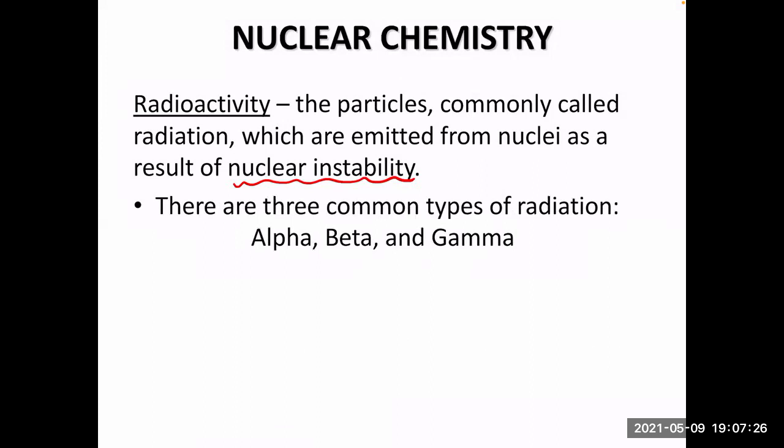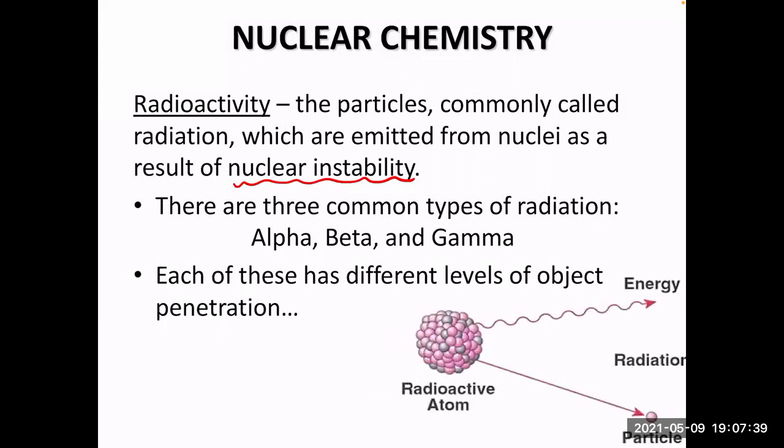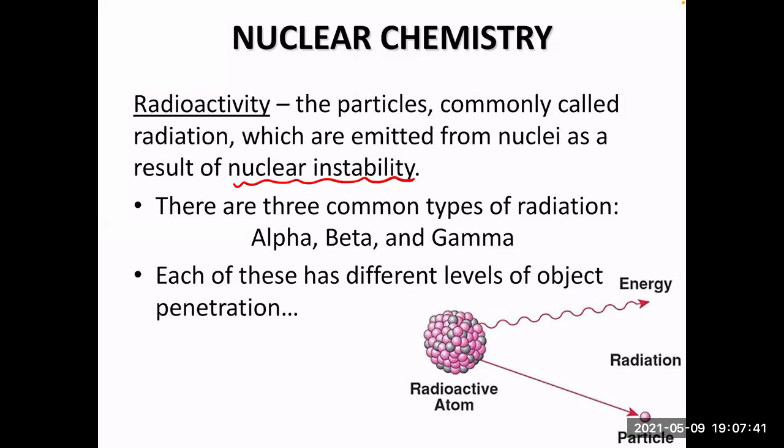We're going to talk about those, as well as a few other types of radiation, but those are the big three. Each one has different levels of object penetration, meaning that they can go through different thicknesses or types of materials. Some can be stopped very easily by thin sheets of aluminum, where others need several feet of lead to be stopped.